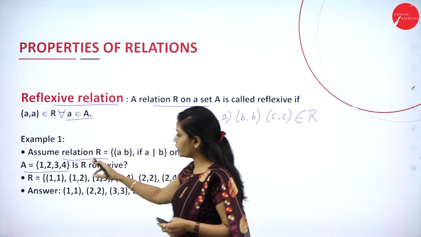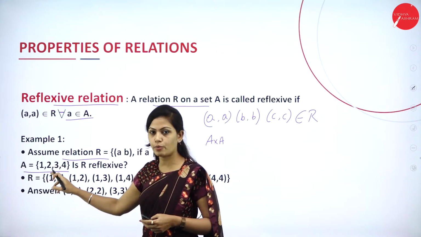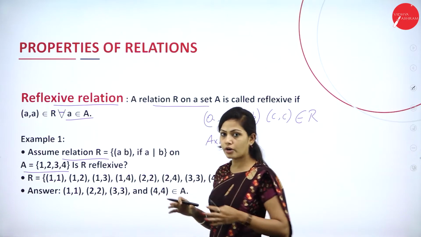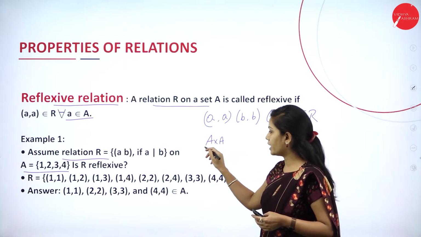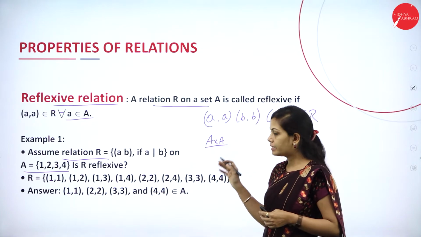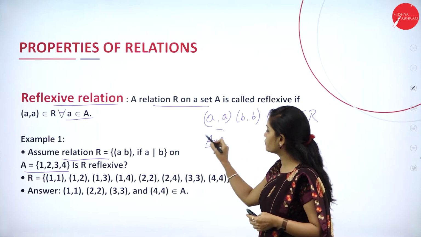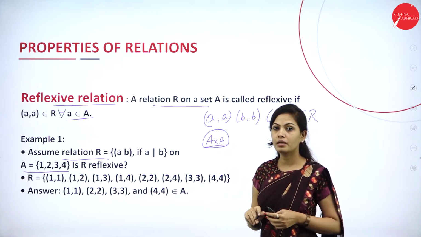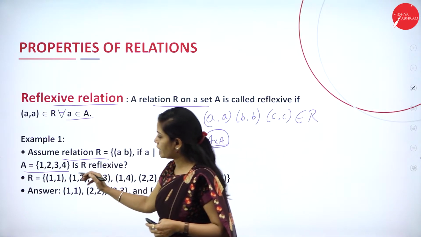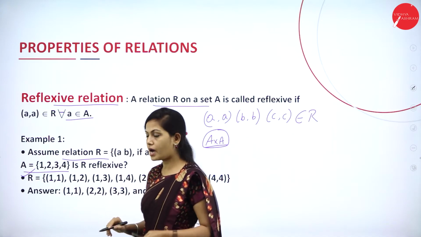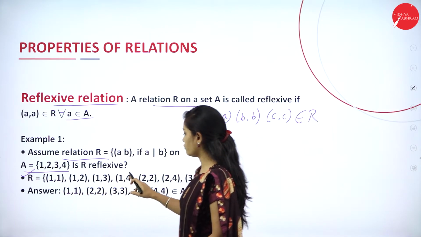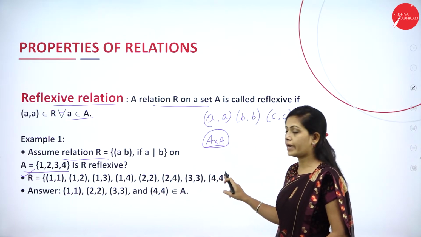Here I have only one set, A = {1, 2, 3, 4}, so first find the Cartesian product, then you can find whether it is reflexive or not. Here they have given R is equal to {(1,1), (1,2), (1,3), (1,4), (2,2), (2,4), (3,3), (4,4)}.